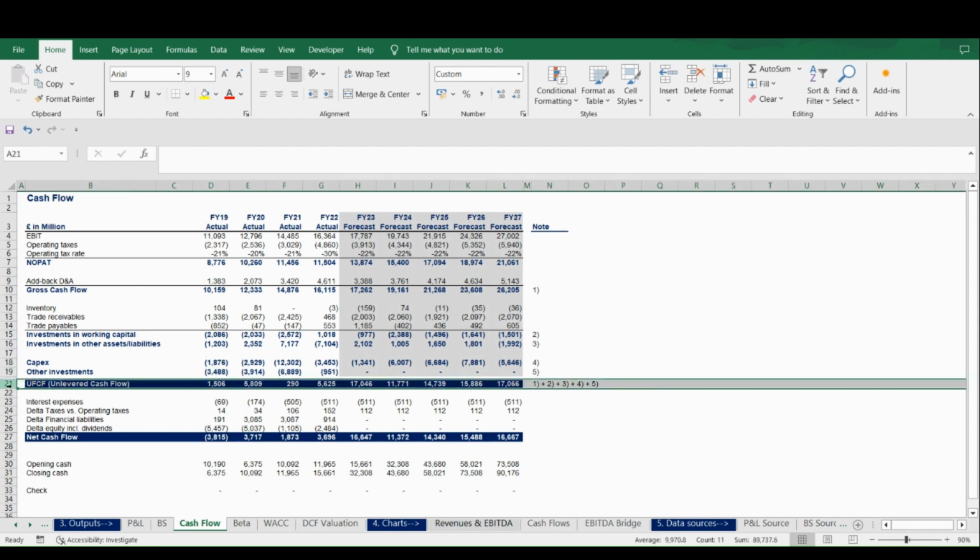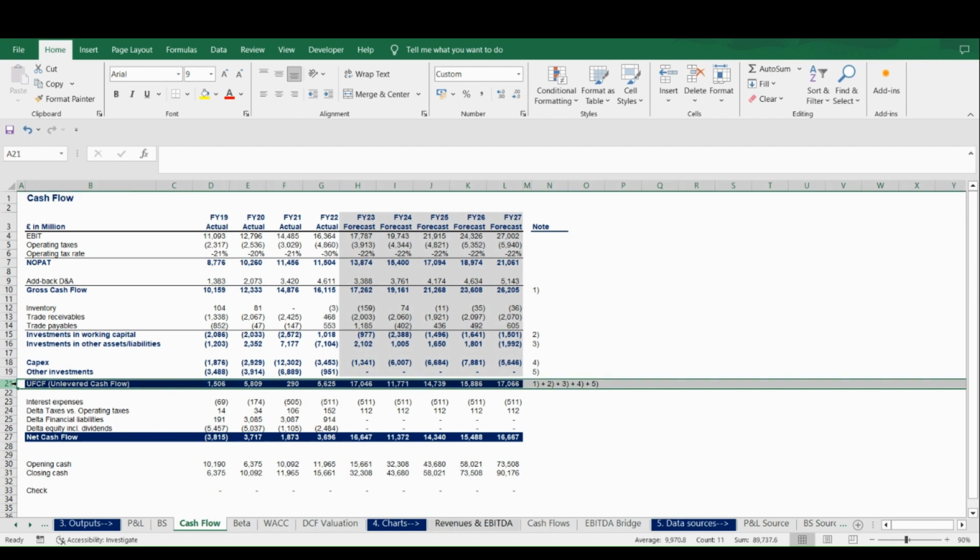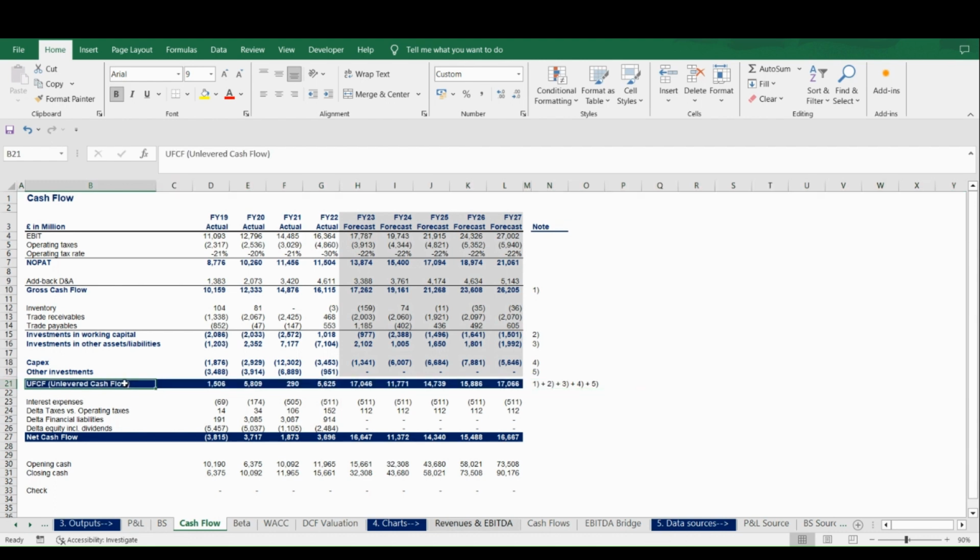As a result, we get our unlevered free cash flow, which is comparable for any two companies, because it is not taking into factor the leverage or the debt, the total debt the company has taken. So this unlevered free cash flow metric is very important when you're trying to compare two companies that have a very different capital structure, the debt and equity structure.